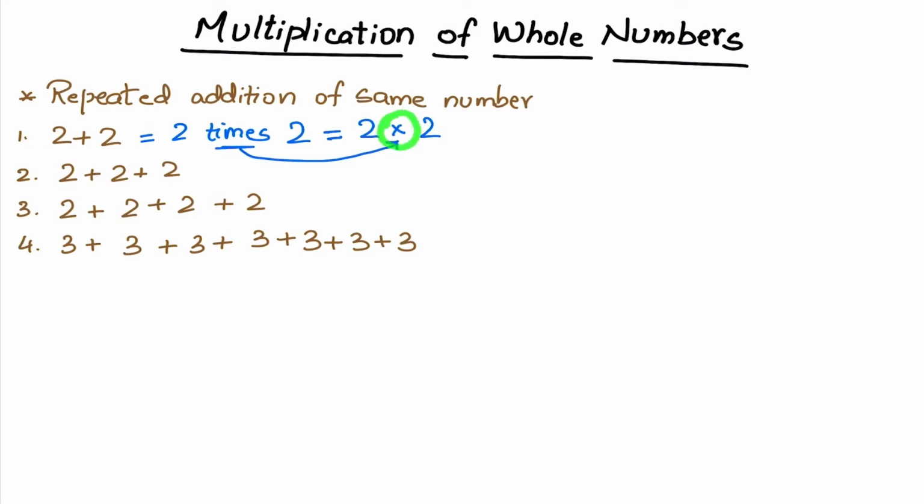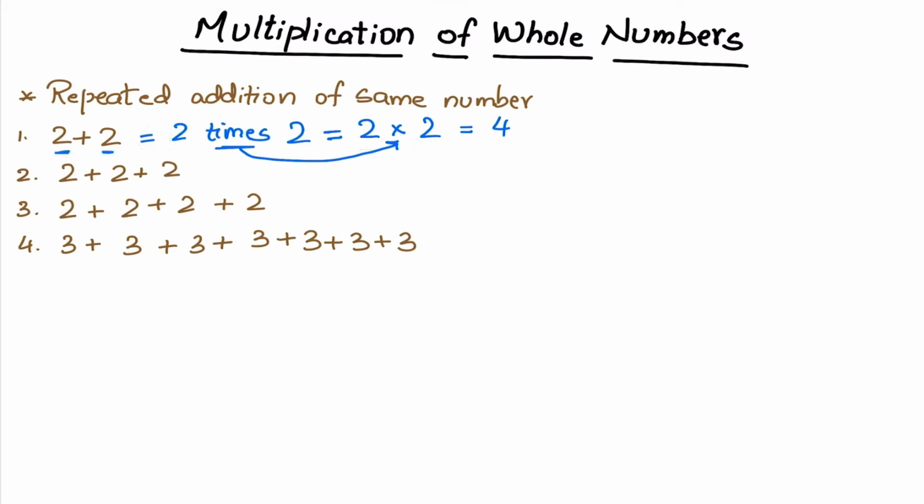This cross is the multiplication symbol. Now when you add the number 2 plus 2, you will get 4. So 2 plus 2 is equal to 2 times 2, which is equal to 4.